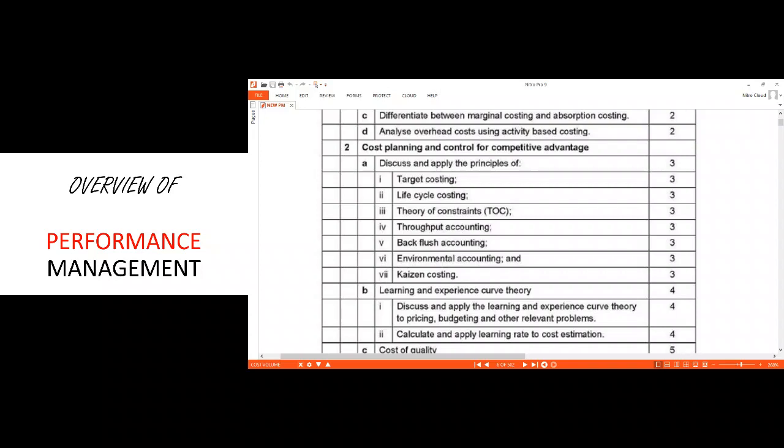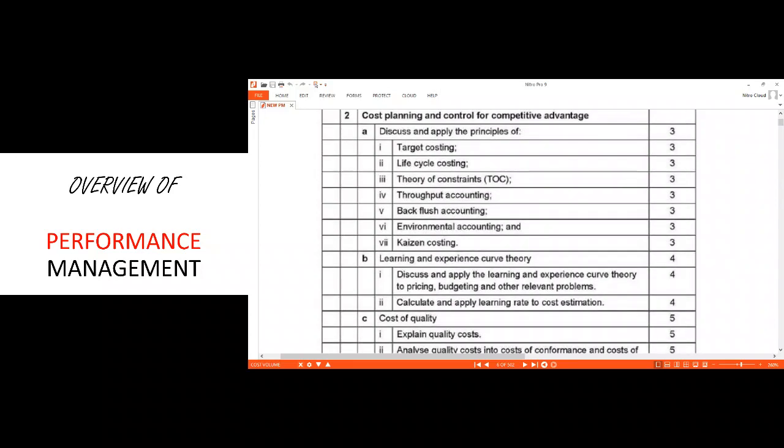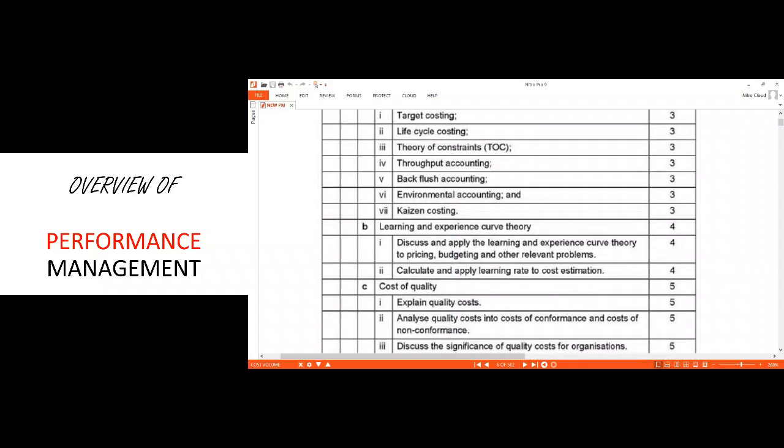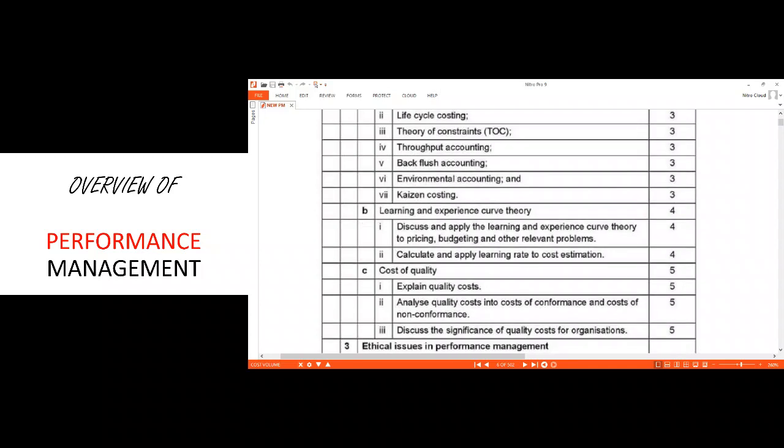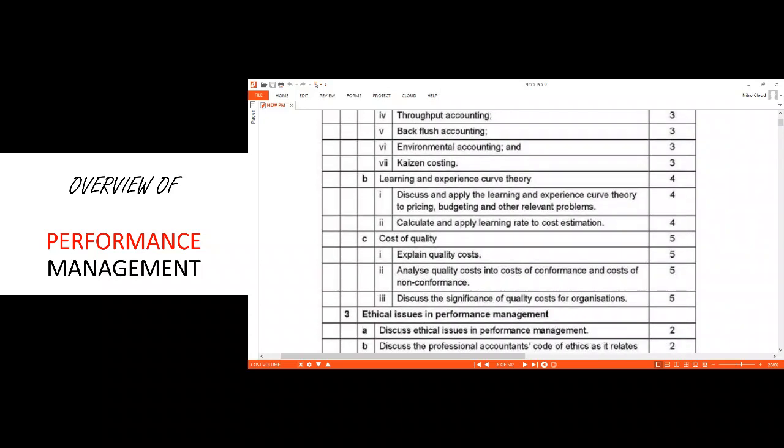Then we'll move on to cost of quality and how it affects our prices and the like. We'll discuss quality itself, how to approach quality, then the cost of quality, how to analyze quality cost, and how to spread them across what we are producing.